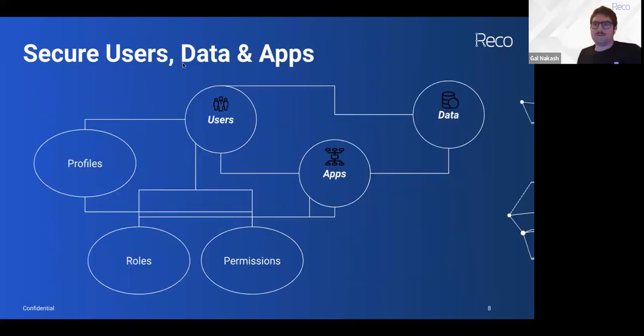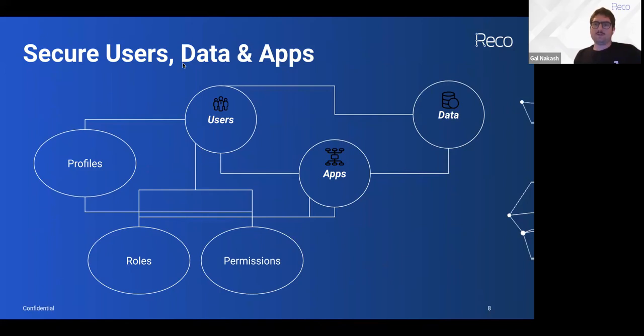Yeah, thanks, Andrea. And to secure Salesforce, we need to understand and secure three main elements. It's users, data, and application. Users can create, edit, and modify data in Salesforce, and of course can add applications.